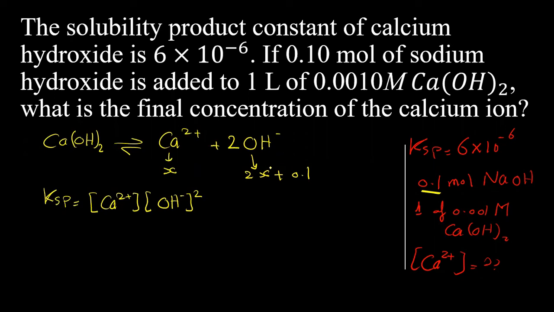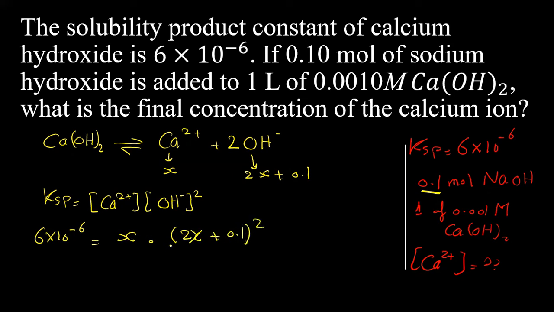Okay, so I will refer here to 2X plus 0.1. After that, I will apply the Ksp: 6 multiplied by 10 raised to the power negative 6 equals calcium, which is X, multiplied by 2X plus 0.1, all of them raised to the power 2.